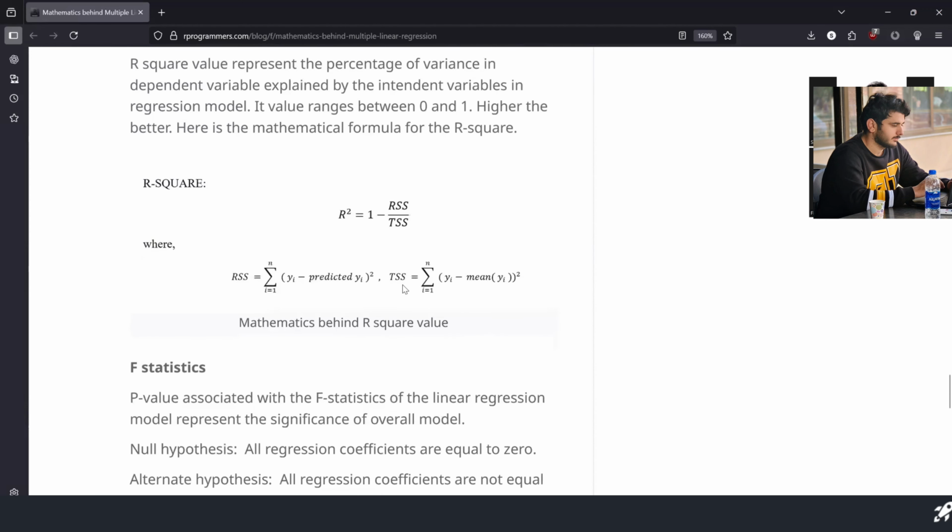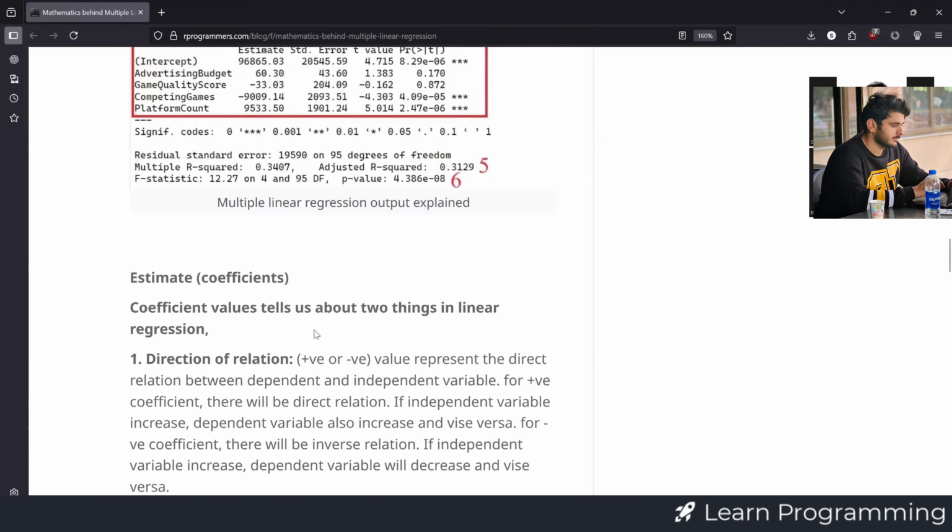Based on these two things, we create a new thing that's called R square. R square is simply 1 minus RSS divided by TSS. Now, what does R square tell us? R square is a metric that tells us how much our independent variables are able to explain our dependent variable, or the variation in our dependent variable.